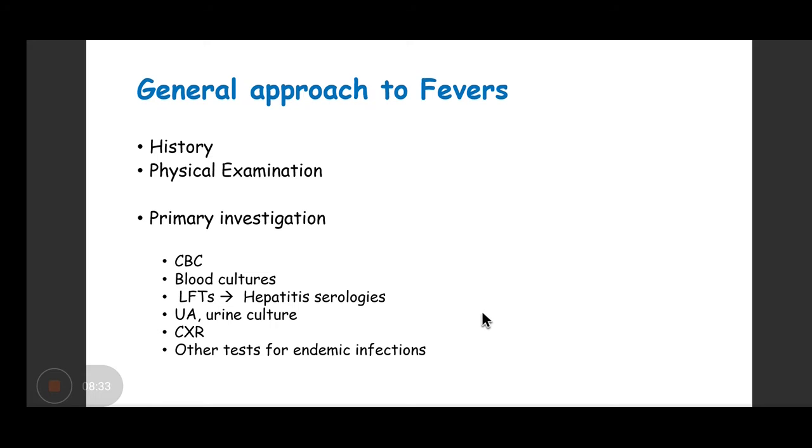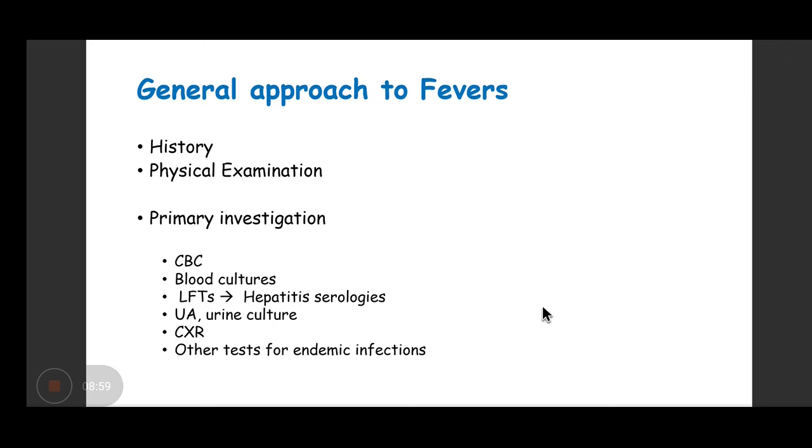Primary investigation will be like a complete blood picture, blood culture, liver function test, urine analysis, urine culture, chest x-ray. Or if you are living in an endemic area of certain diseases, in our case it can be malaria or dengue, you can also prescribe those tests as primary investigation if a disease is really endemic in your region.